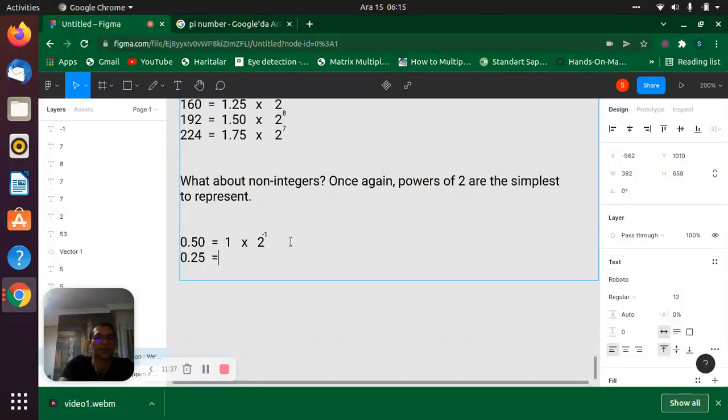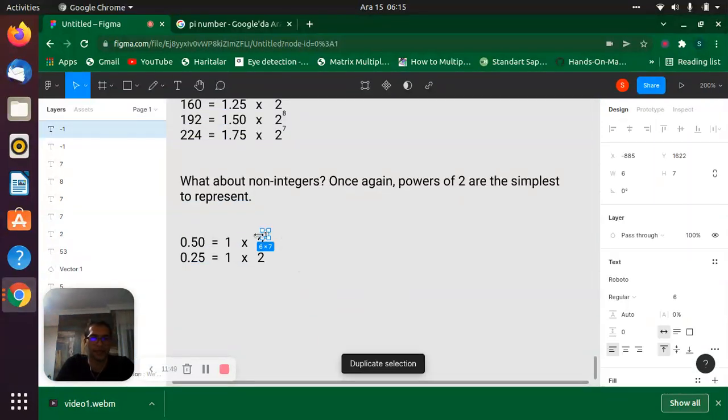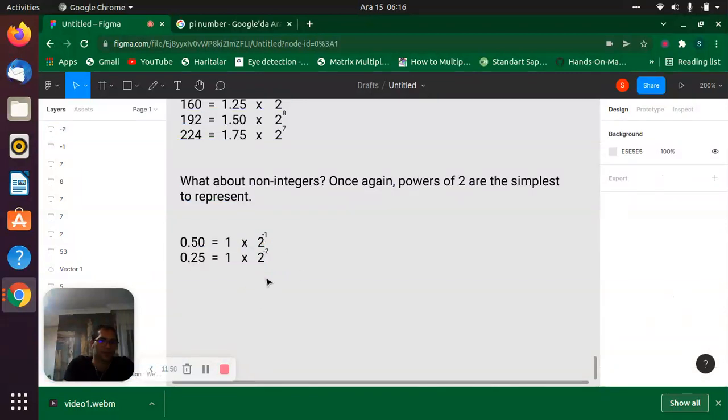And just do it with me. Let's say 1 times 2, and just take this one and duplicate it, come down and put it here with minus 2. That's all the information.